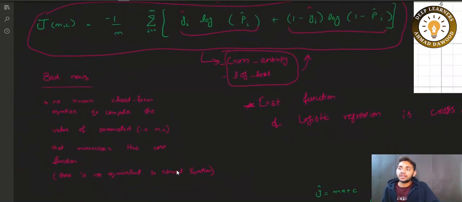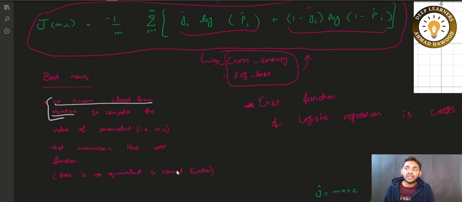Now here is one bad news and one good news for you. The bad news is that, unlike in the case of linear regression, where you can calculate the best fit parameters by a closed form solution, a direct solution, or the normal equation, here you cannot calculate the best fit parameters directly, because there is no known closed form equation here.